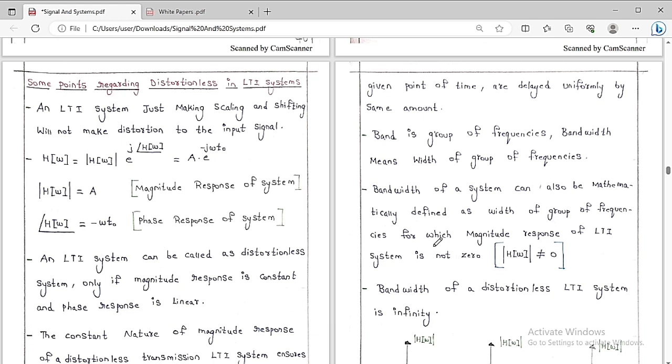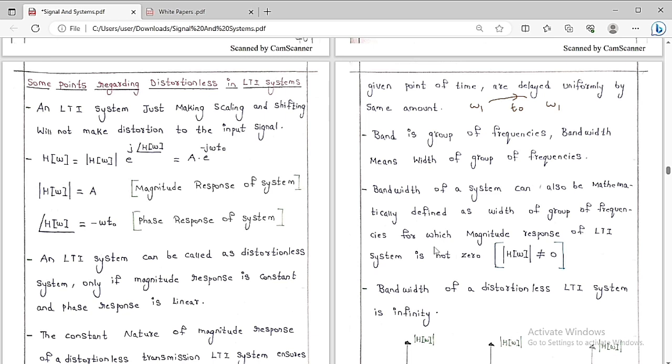Suppose the input has a frequency omega1. The output will also have frequency omega1 after a certain amount of time T0. For all the frequencies of the input, they also occur in the output, but delayed by T0.